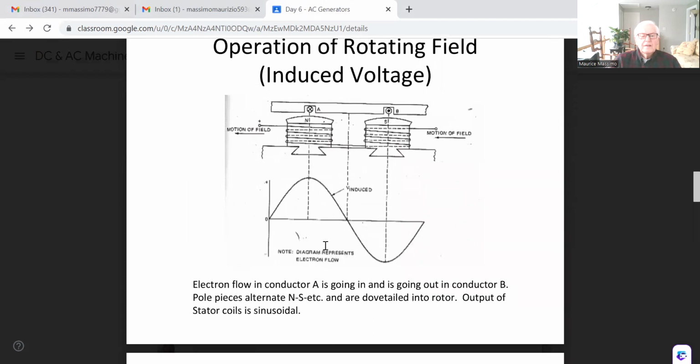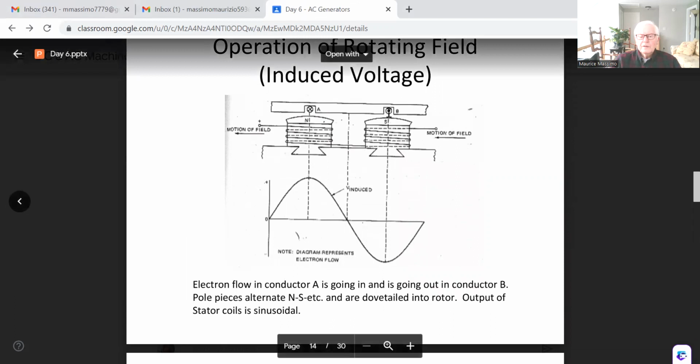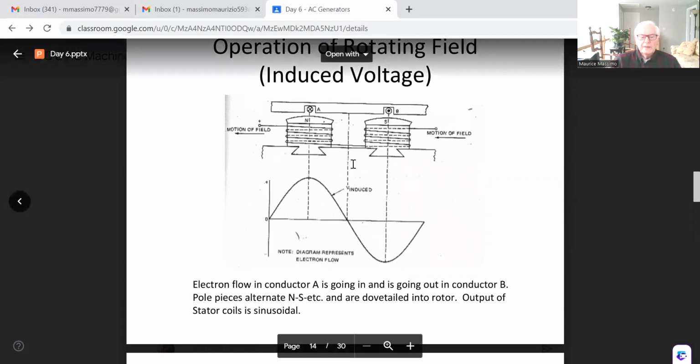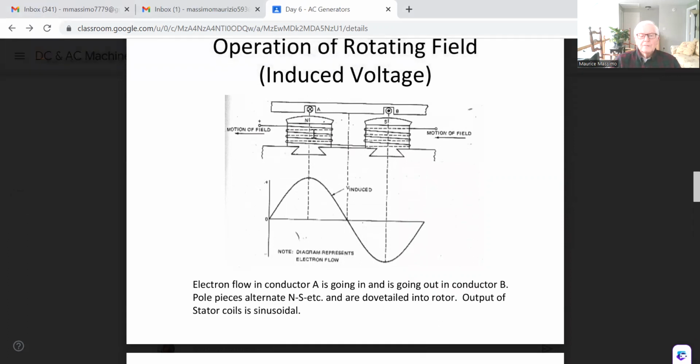So let's take a look at the operation of a rotating field that produces an induced voltage. We've got current going in at A and coming out of B, due to both the north and south polarity that's inducing this current. So electron flow in conductor A is in, and in conductor B is out, and pole pieces alternate between north and south and are dovetailed into the rotor.